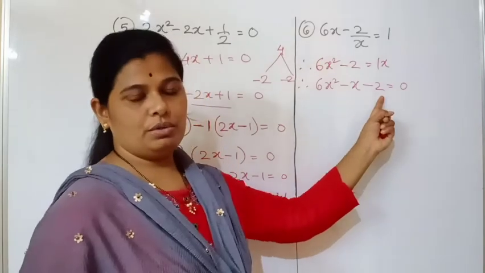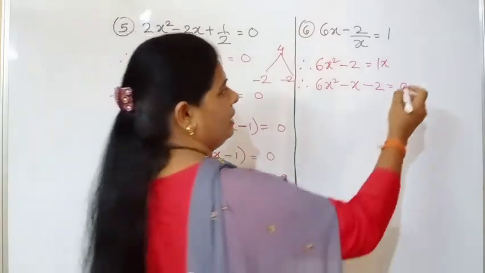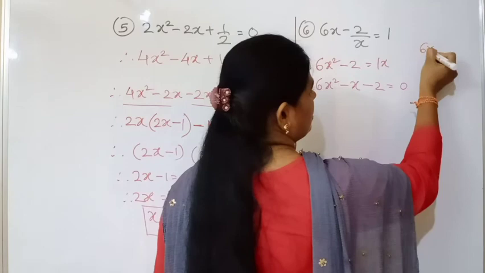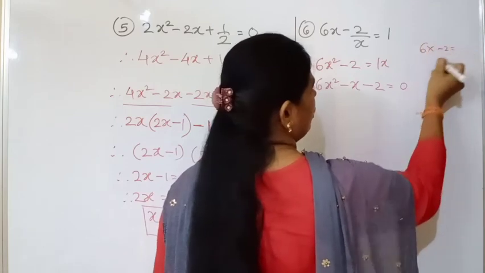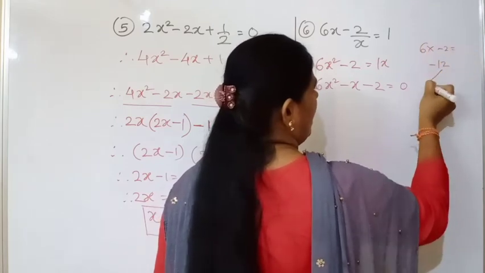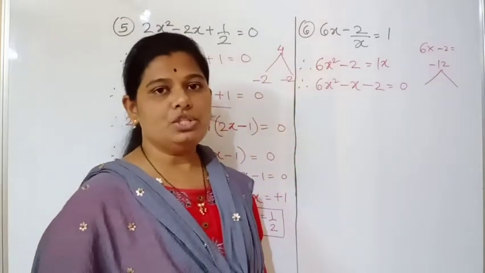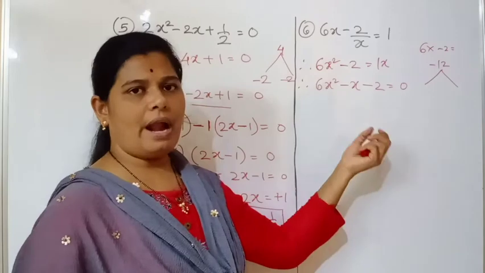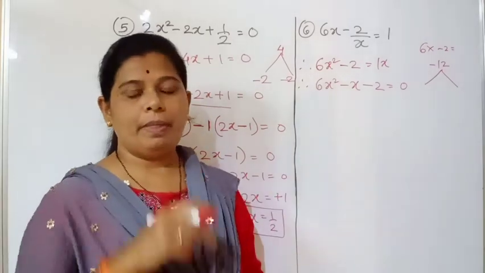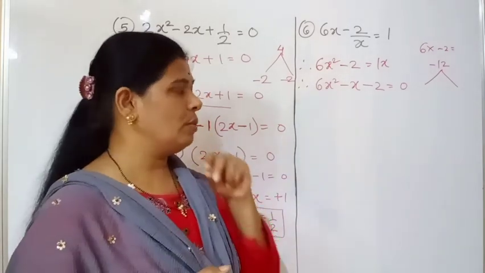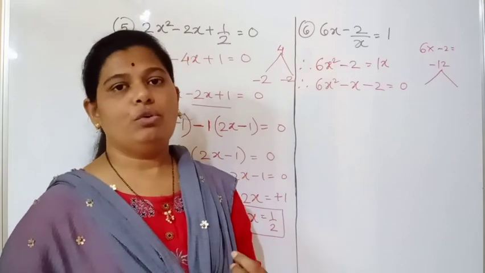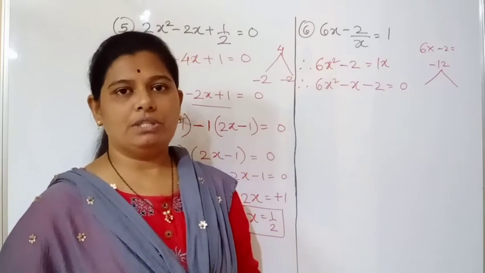6 into minus 2, you will get minus 12, and we have to find the factors of minus 12 such that the difference or the addition is minus 1. Now the factors of 12 are 2 6s are 12, 4 3s are 12 and 12 1s are 12.